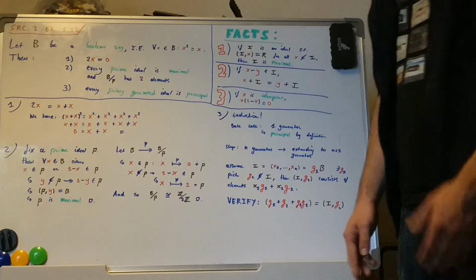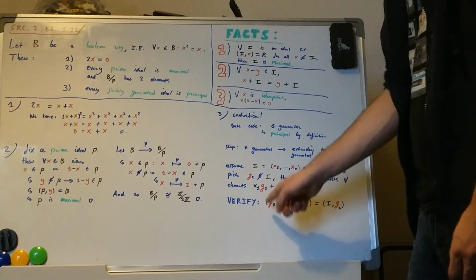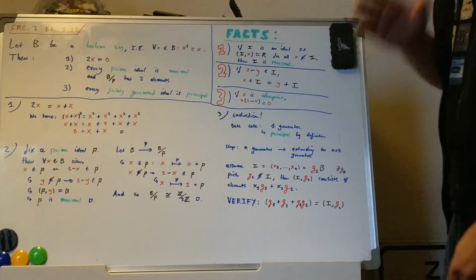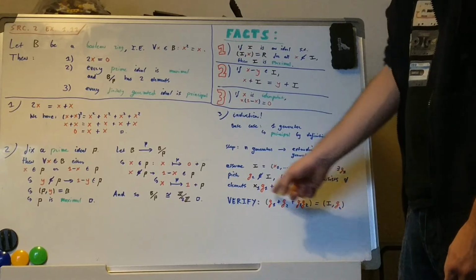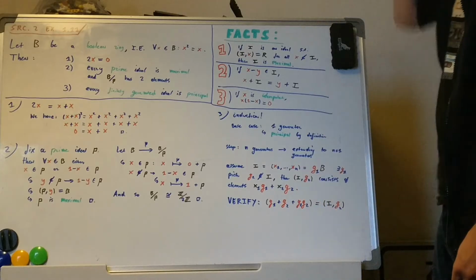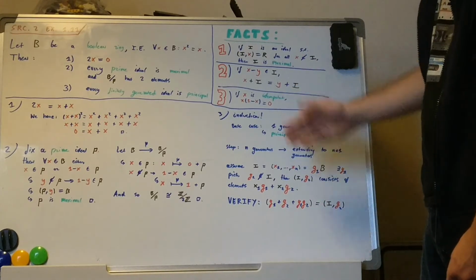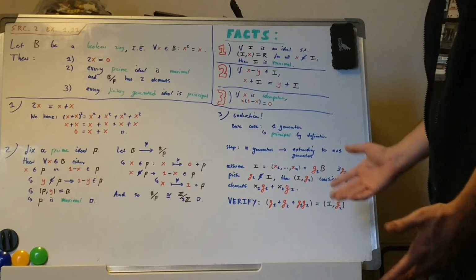And the next step I'm going to leave up to you, and that is to verify that the element G1 plus G2 plus G1 times G2 is going to generate every such element here, and every such element there is also contained within there. And once you've verified that, we can just say, okay, by induction, every finitely generated ideal is principal.